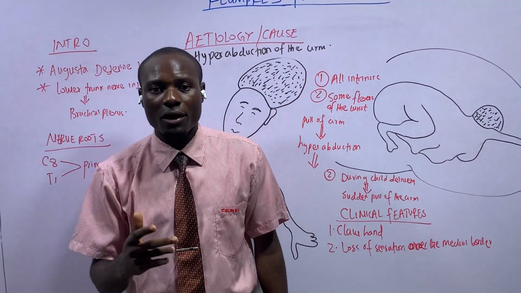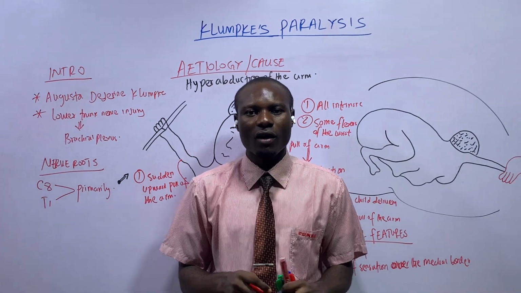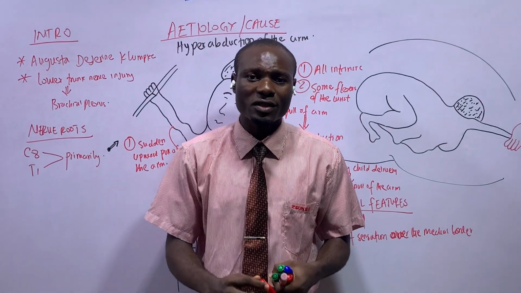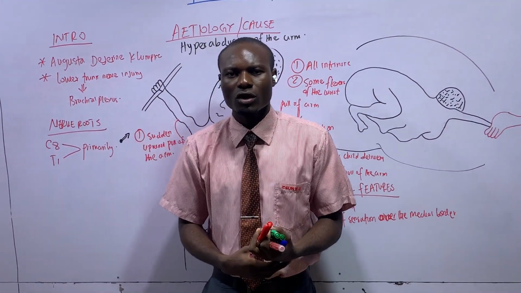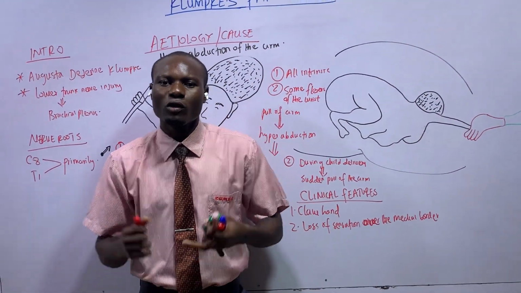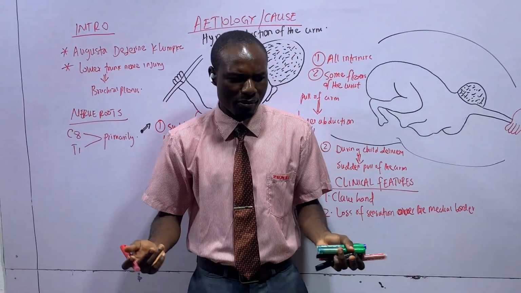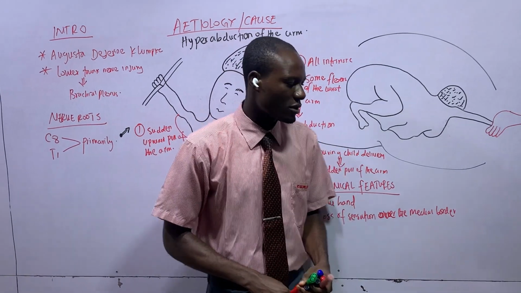They are called the medial cutaneous nerve of the arm, or brachial, and the medial cutaneous nerve of the forearm, or antebrachial. They provide cutaneous innervation to the skin over the medial aspect of the arm and the forearm. So if there is affectation of the lower trunk of the brachial plexus, that cutaneous innervation will be compromised. And how will it manifest? As loss of sensation.